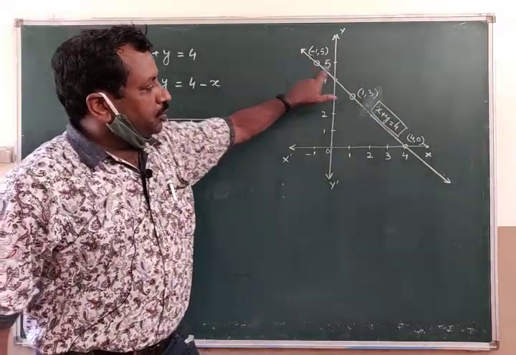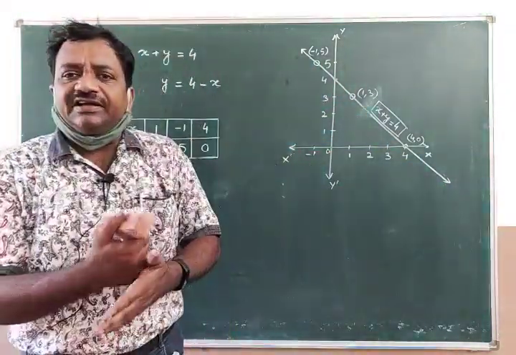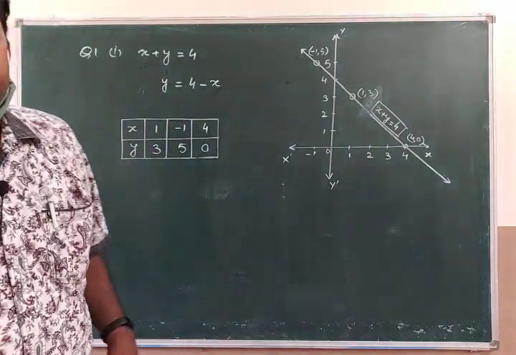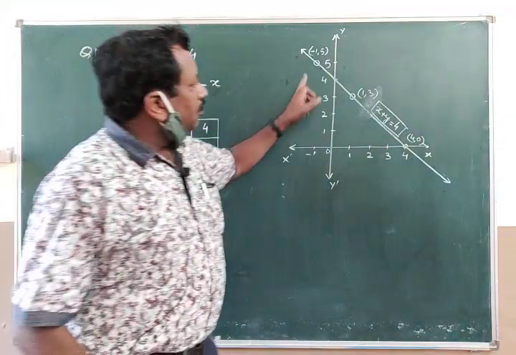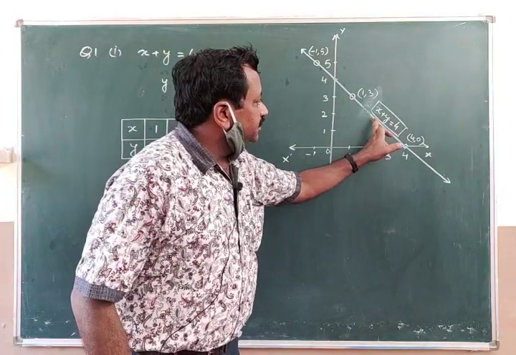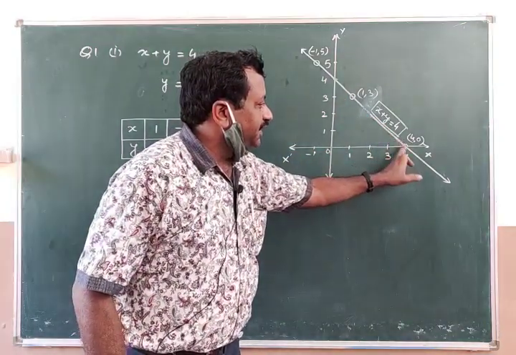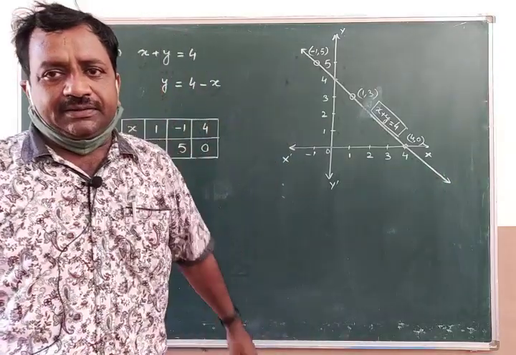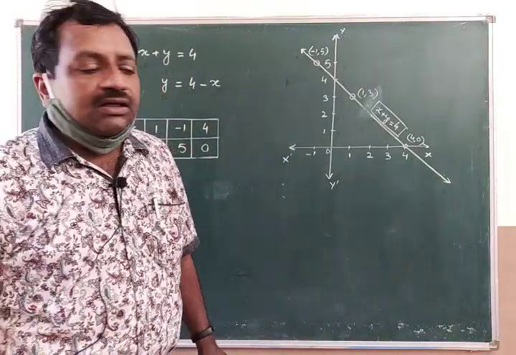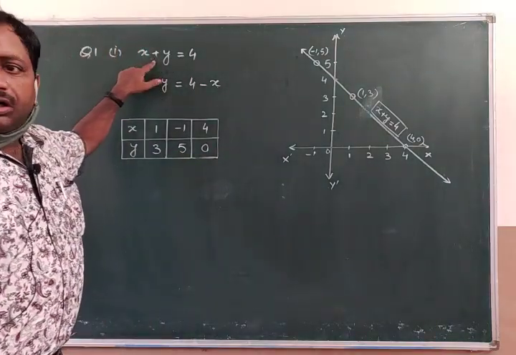Put the arrow on both ends. It means this line is extending endlessly in both directions. And remember one more thing, all the points on this line are solutions of this equation.